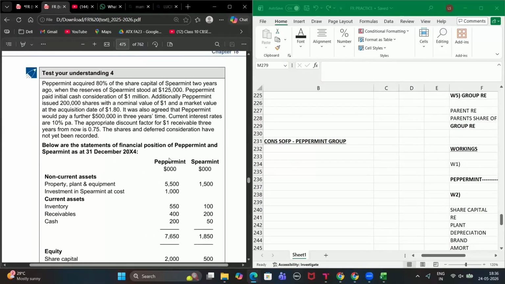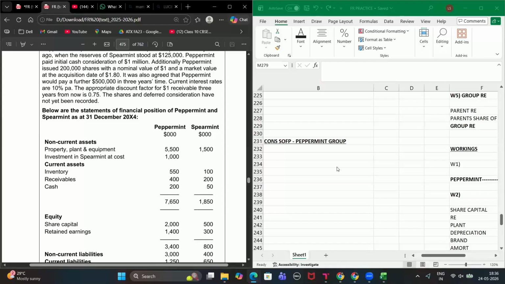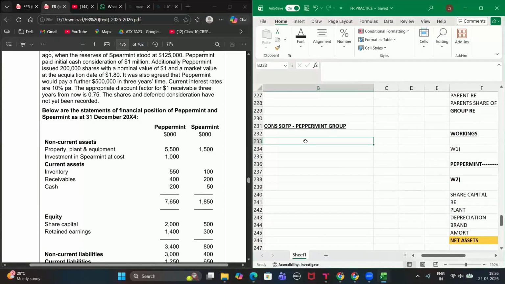Okay. So let's start. Let's start from which value? What is the first thing that we'll take into consideration? That is non-current assets, right?